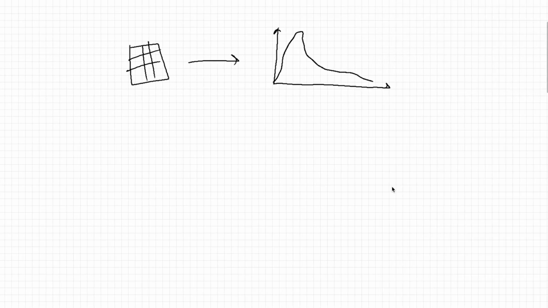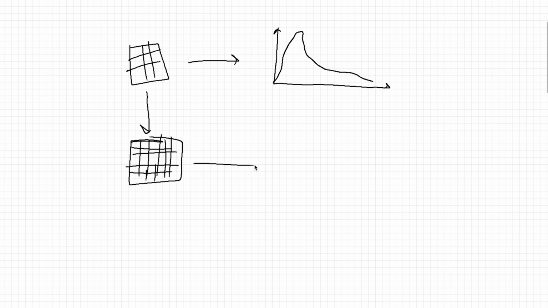Can I do that? So what I'm saying is, I have this image and it has some histogram like this. Can I make some changes to this image so that, in the changed image, which I will again draw as this fancy matrix, when I draw its histogram, it comes out to be constant?